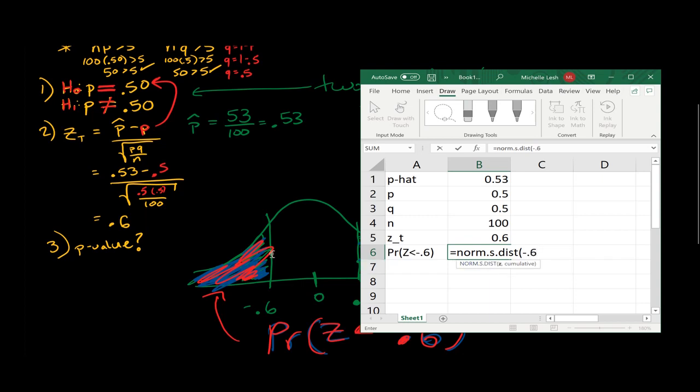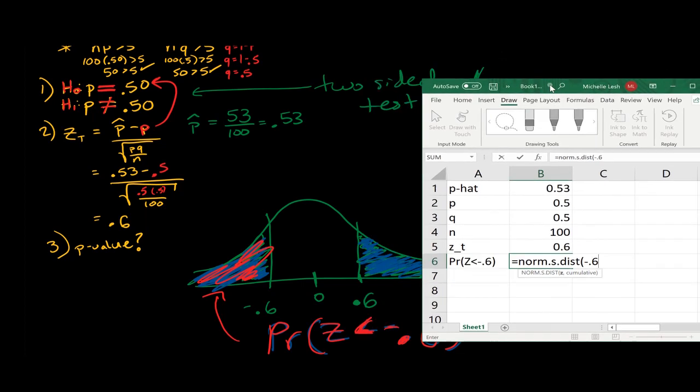If you're doing a two-sided test, always give it the negative one because that's the less than over here. If I give it the positive 0.6, then it would find all of this area back here, which includes this black area that I don't want it to include. So I'm going to give it the negative 0.6 to be just this red area here. And then always true for cumulative. That just means you're finding the probability of less than. Press enter, and there we go, 0.27.